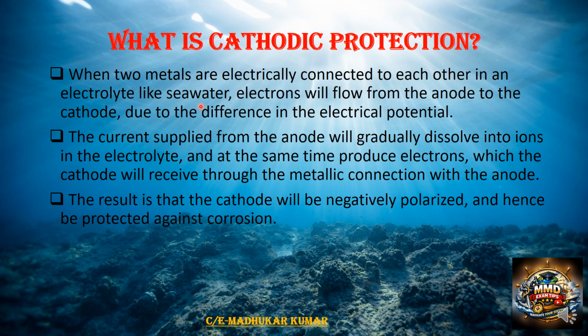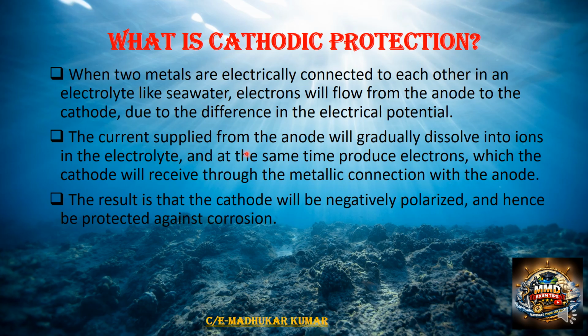But if we know the potential difference, if we know the cathode, how we can make the part act as a cathode, then we can successfully impress the current and we can reduce the rate of corrosion to a large extent. So in this cathodic protection, we are following the same.